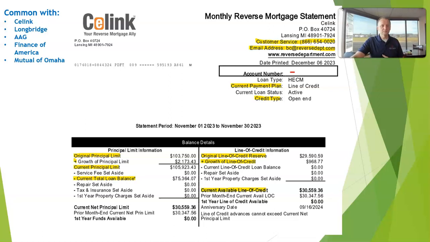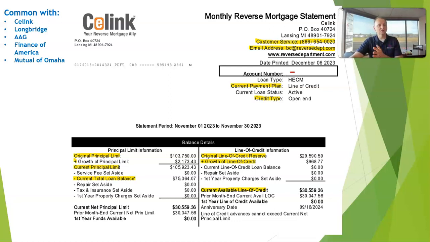Now, getting into the nuts and bolts of this, let's start on the left side of this, right under where it usually says this is not a bill. You'll have 2 boxes, the left side and the right side. The left side talks about the loan balance and the principal limit. Now, the principal limit, as I mentioned, in this situation, this homeowner had an original borrowing power of $103,750.